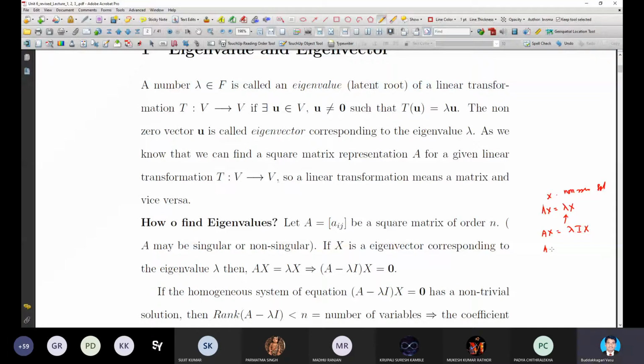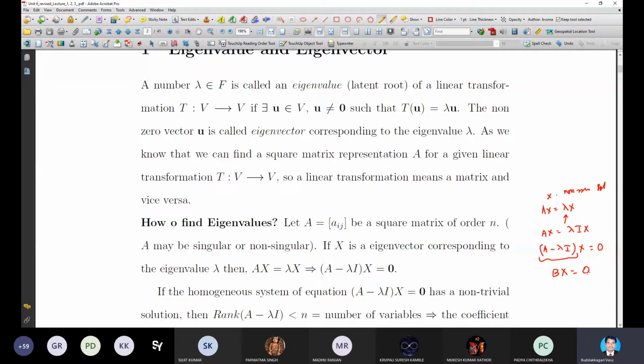Say this A minus lambda I is B, so that the form is Bx is equal to 0.